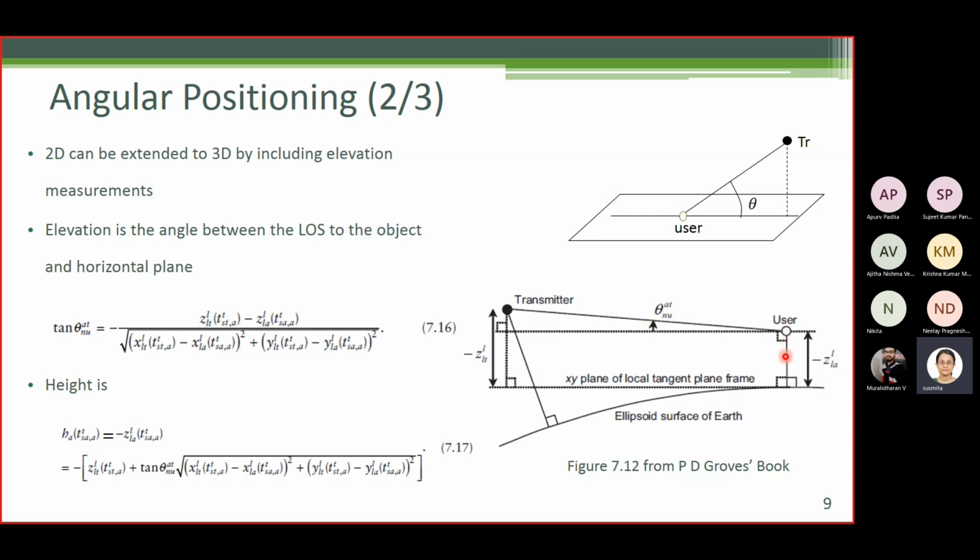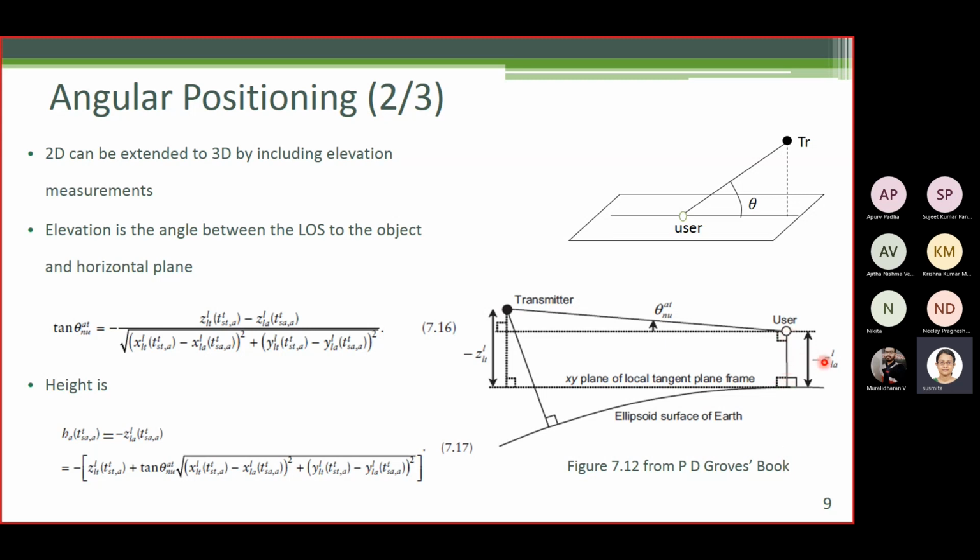Now here we are interested in finding this distance. This is the height of the user from the Earth surface, right? As per this figure, positive z is in this direction, downward. That's why they have written minus z. So height will be negative because we assume it is positive in the downward direction.